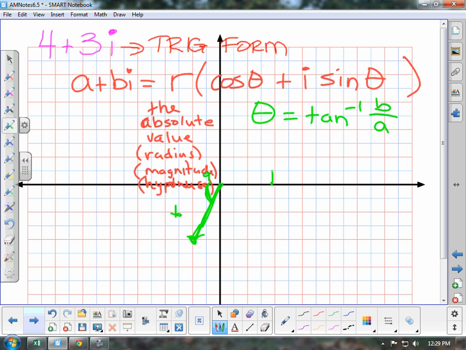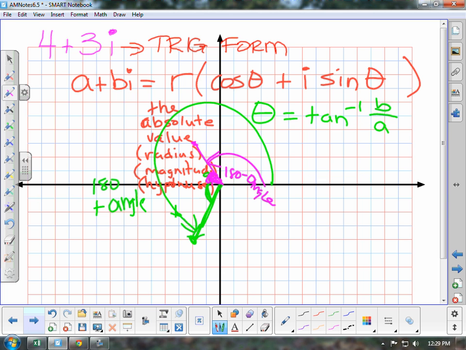Well, then you have to figure out that angle from there to there by taking 180 plus the angle that you found. Or if you're dealing with something in this quadrant and you're trying to find that angle, but when you do the inverse tangent, you're actually going to be given this angle. So then in this case, you would take 180 minus your angle to get to this angle that you need.